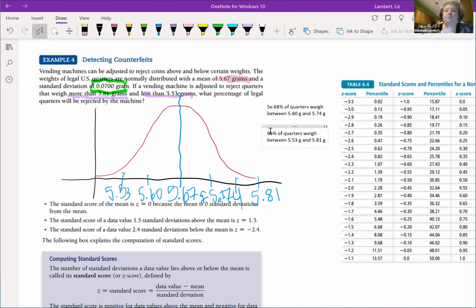So what's the leftover percentage? Well, in this case, we would subtract from 100%, one whole. So 100% minus 95%, which is just 5. So 5% of quarters would be rejected by the machine.